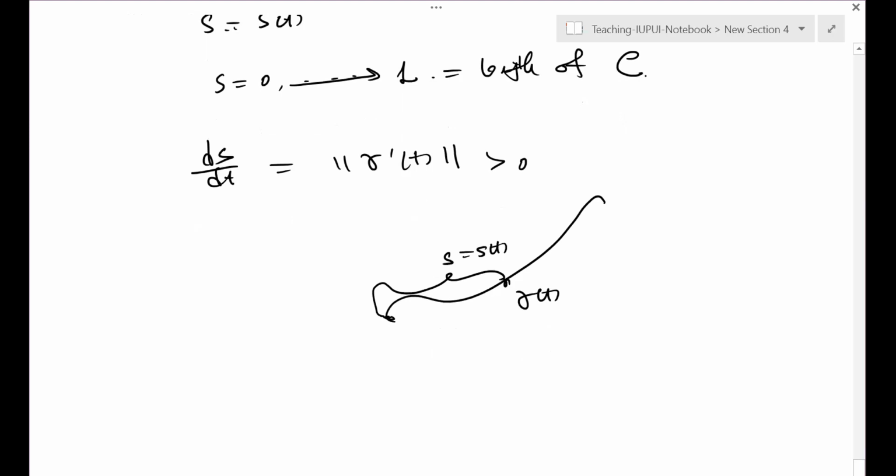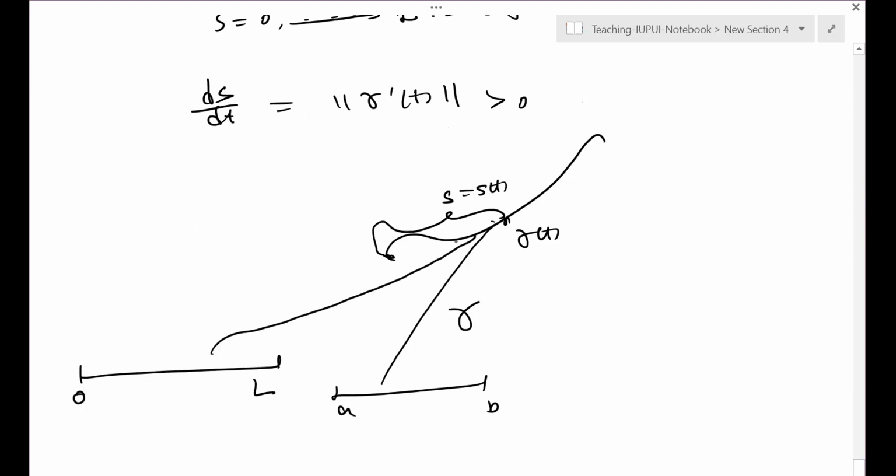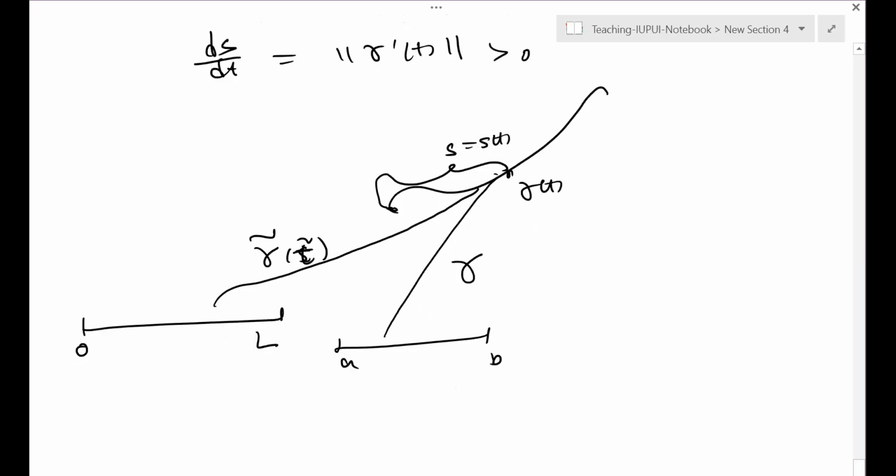Okay. I can define a new parameterization because this is a gamma, right? And from A to B, I can find a new parameterization from 0 to L. Gamma tilde, T tilde. Okay, so how can I do that?